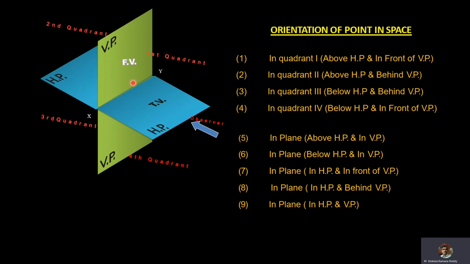Eighth case, in HP, behind VP. Ninth case, in plane, that is the point is in both HP and VP. All these cases are to be discussed with the help of problems. Now we'll move to the different cases to be discussed in detail.